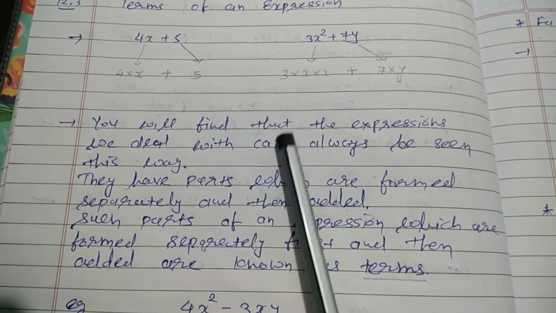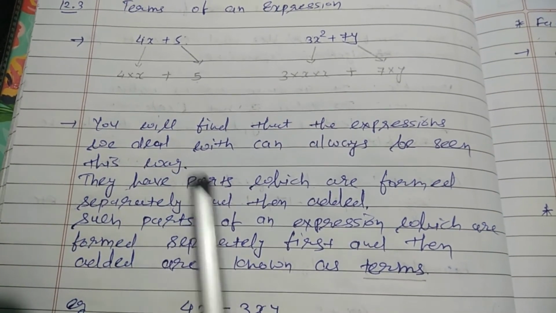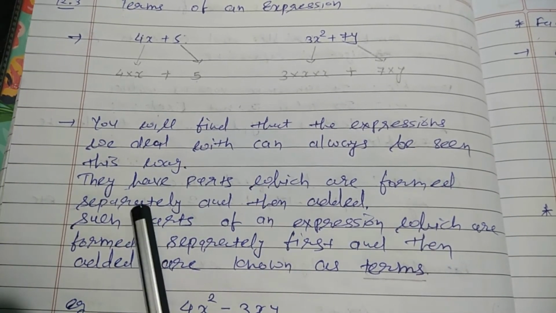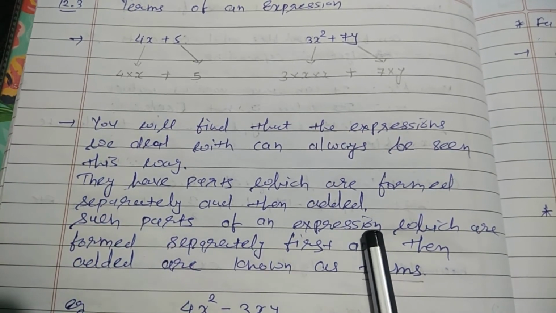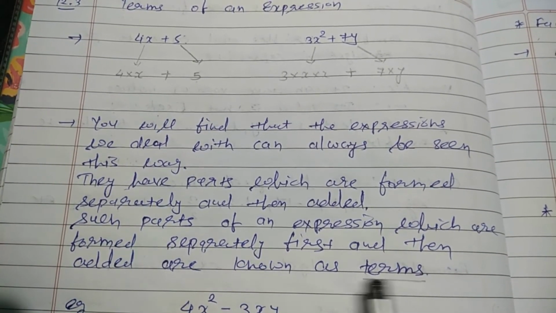You will find that the expressions we deal with can always be seen this way. Number one, they have parts which are formed separately and then added. Such parts of an expression which are formed separately first and then added are known as terms.